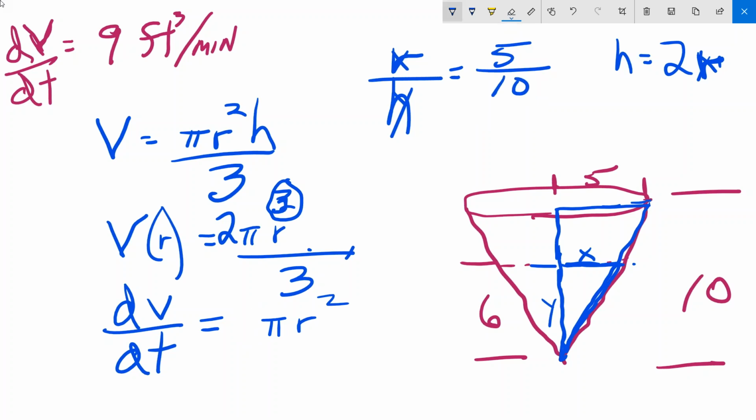And then what else do I need? Because I'm differentiating with respect to t, that is r's and t, so that's dr over dt.